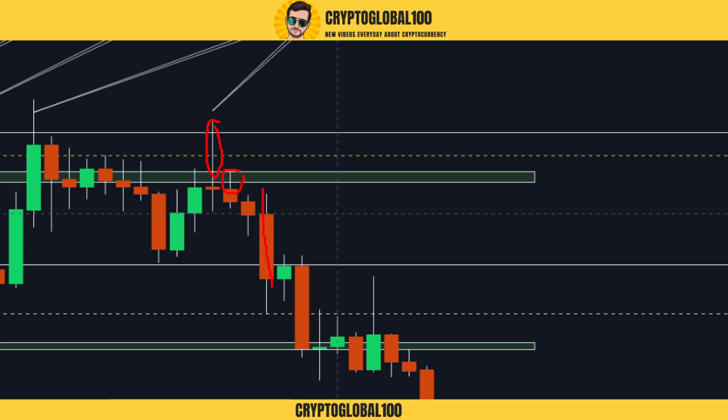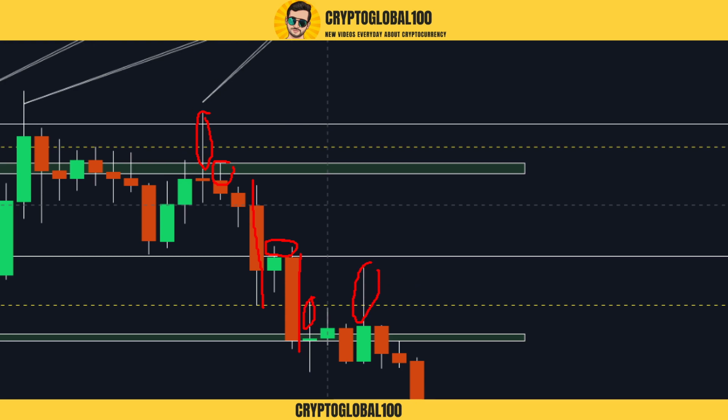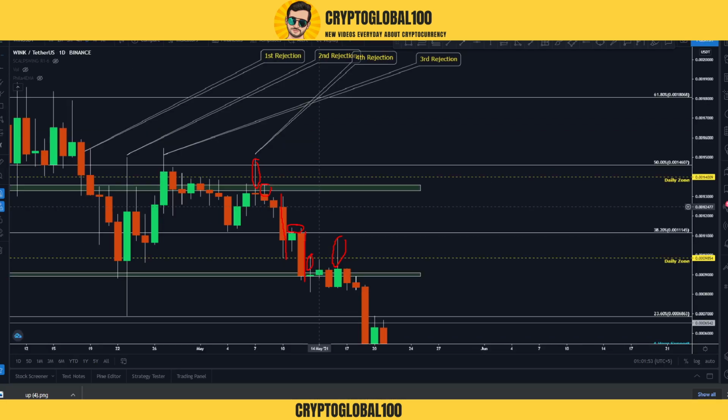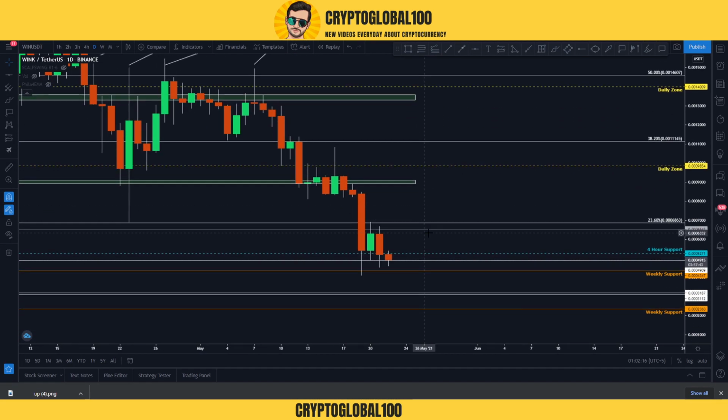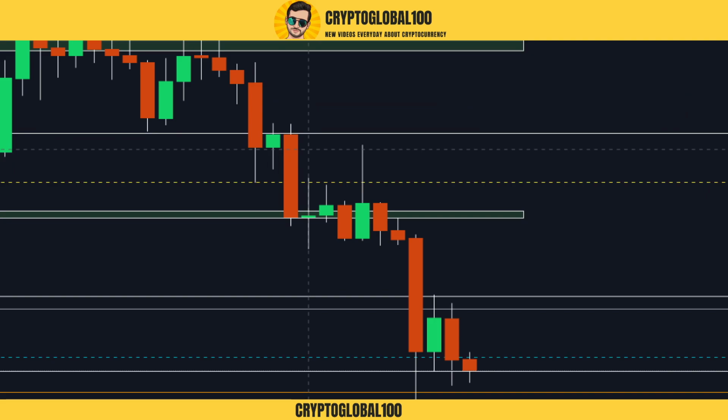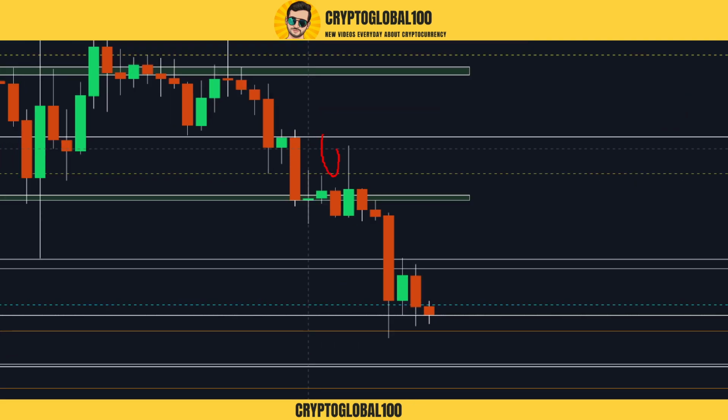That's why the price came down. Again it tried to break above, but again the price went down. You see a wick on the upside, again indicating the sellers are in control. Most of the time you see longer wicks on the upside.